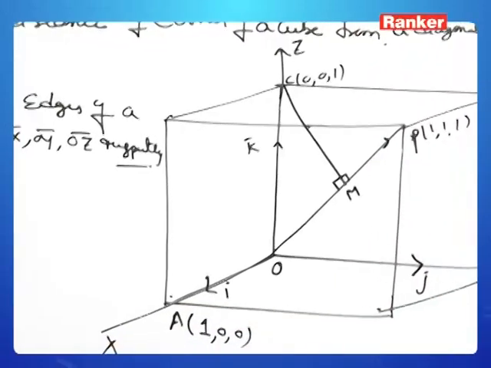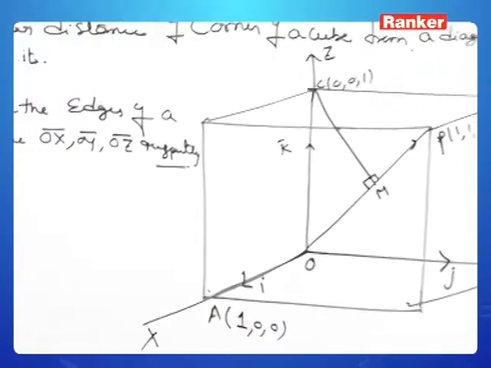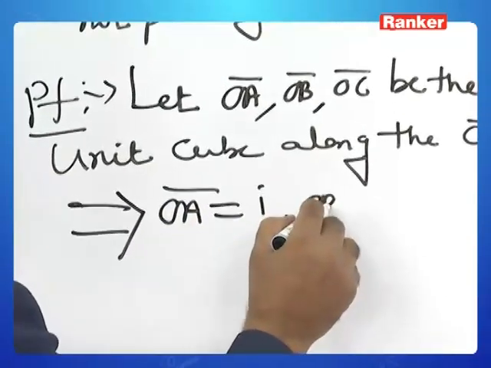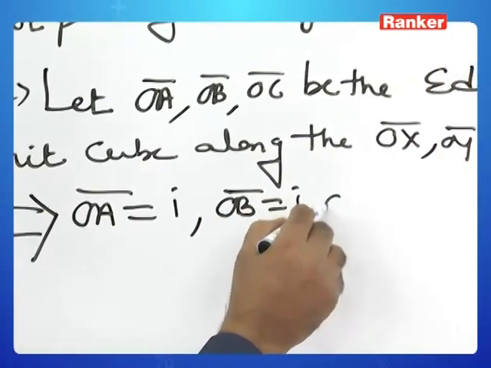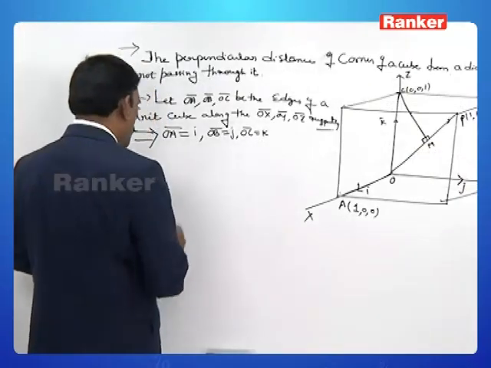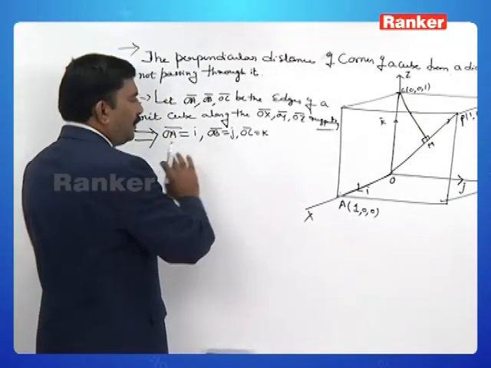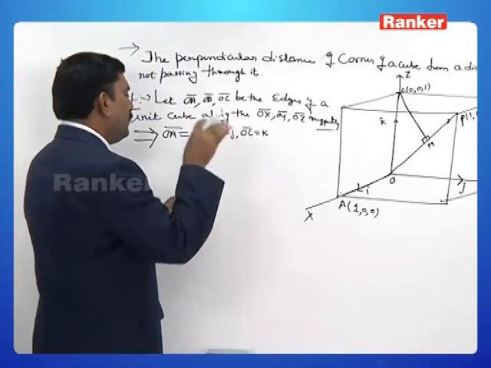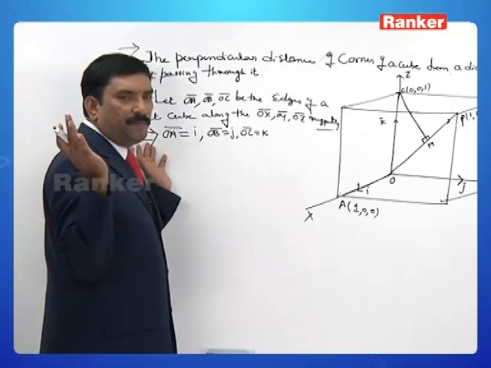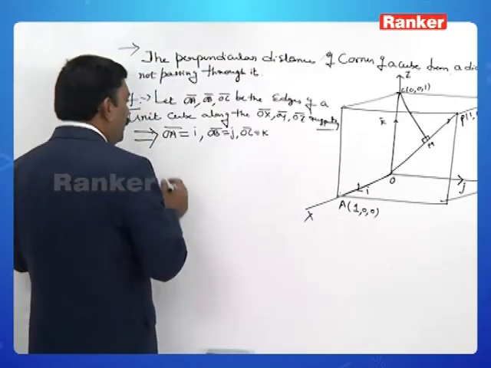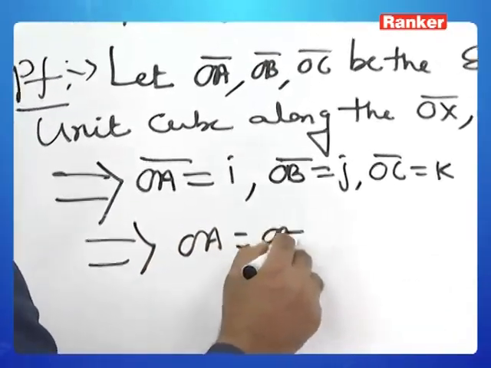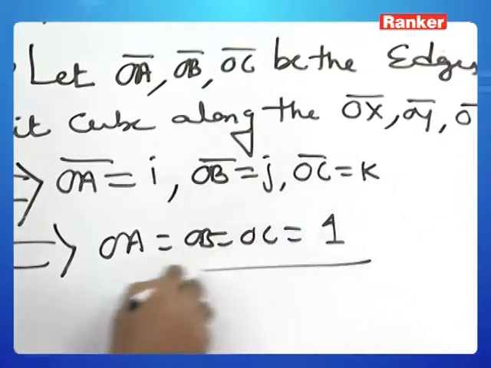Since it is a unit cube, OA bar is equal to I, OB bar is equal to J, OC bar is equal to K. These are the directions along OA, OB, OC, measured along the X, Y and Z axes respectively. Which implies OA, OB, OC are each 1 unit.